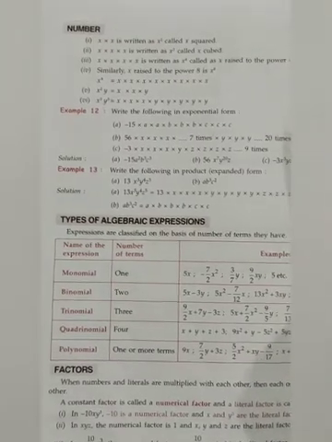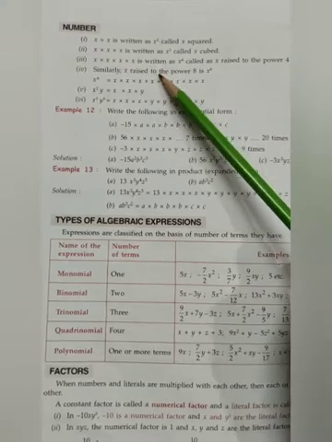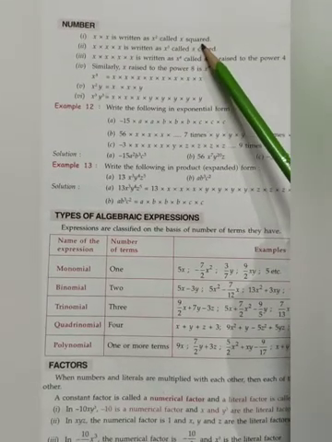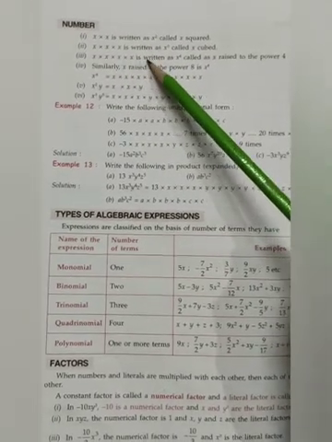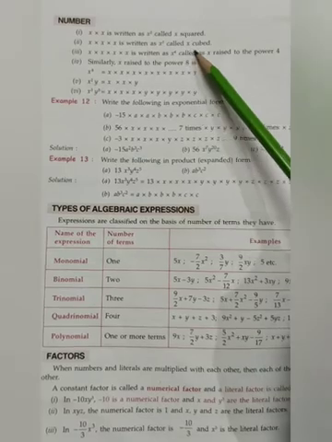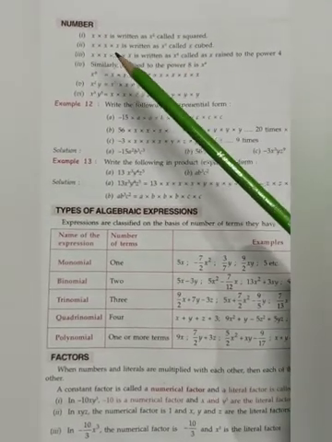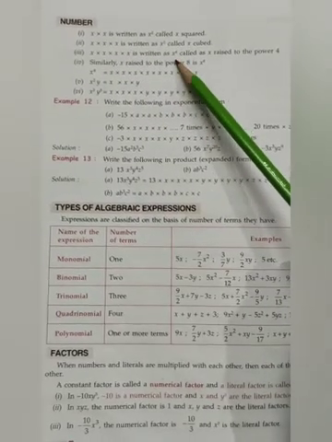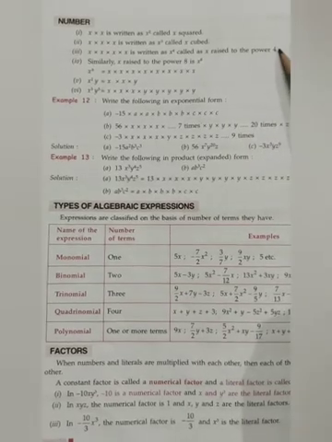Then comes to numbers. x multiply x is written as x², called x squared. Then triple x is written as x³, called x cubed. Here, x multiplied four times is written as x⁴, called x raised to the power of 4.